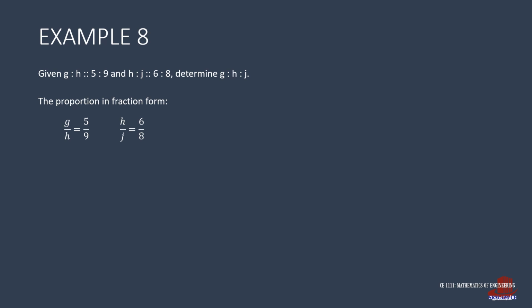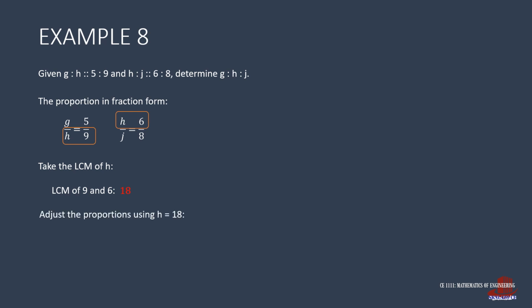In both proportions, one can see h as common, so we use it in identifying the equivalent connected proportion of the three terms. That is done by taking the least common multiple of the h values, 9 and 6. Their LCM is 18. So we are now ready to find the equivalent ratios.